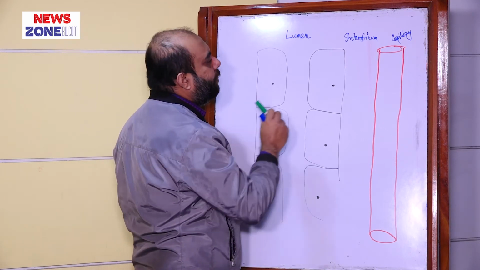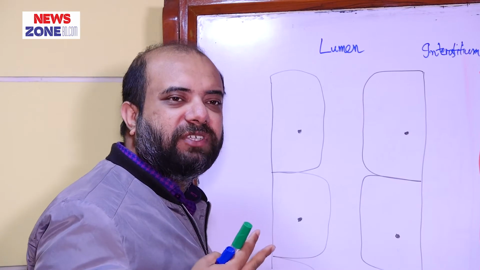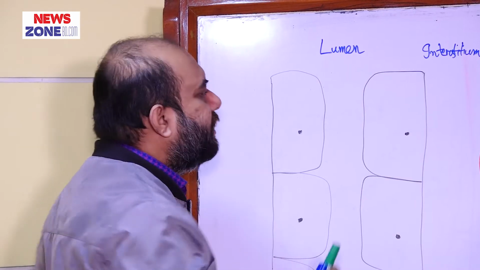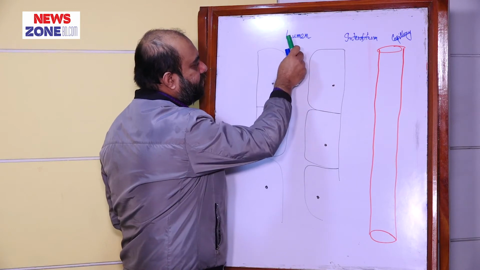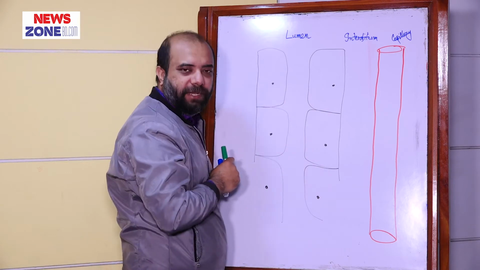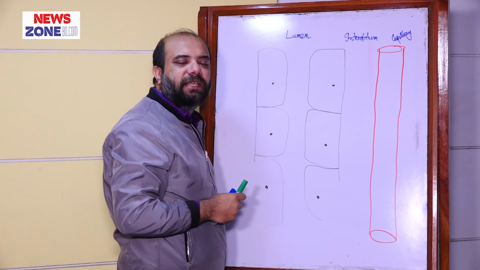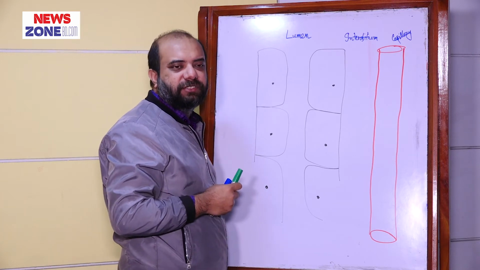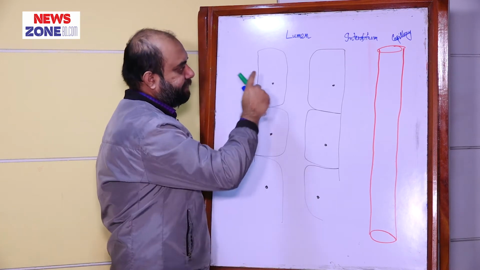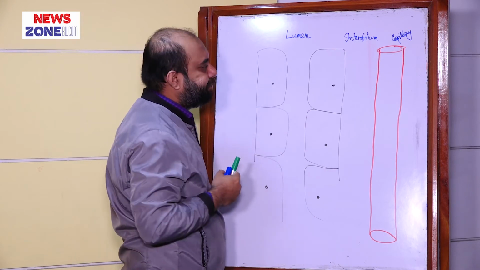You know that there are commonly two surfaces of these tubular epithelial cells. This surface, which is nearby the lumen, is known as the luminal surface, and this surface of the tubular epithelial cell is known as the basolateral surface because this surface rests upon the basement membrane.